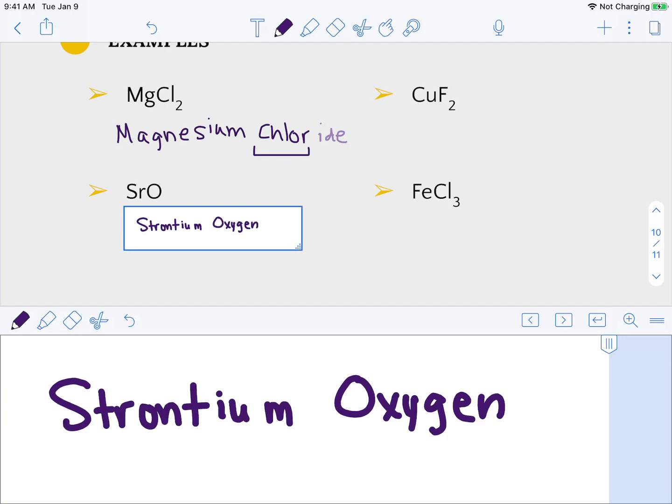And the first vowel, technically, right there, is the Y. It makes the "i" sound. So we're going to get rid of all of this and put in the "ide" after the X. So it reads strontium oxide.